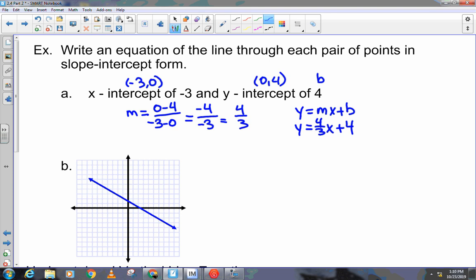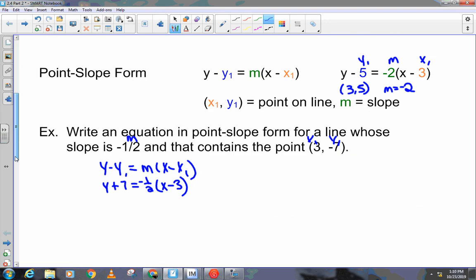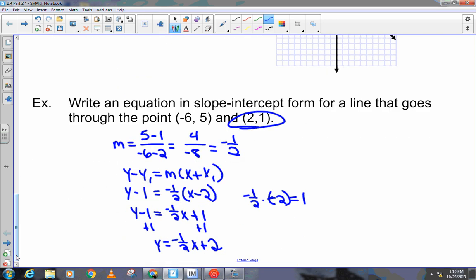Now, do they always give me the y-intercept? No. They'll either say it's the y-intercept, or you can look at the point, right? And if the x is 0 and the y is a number, that's the y-intercept, right? But notice in this problem that we did on the other page, what's the y-intercept?